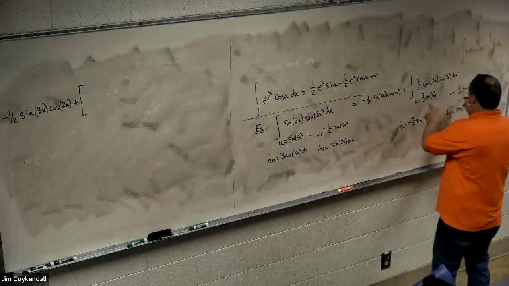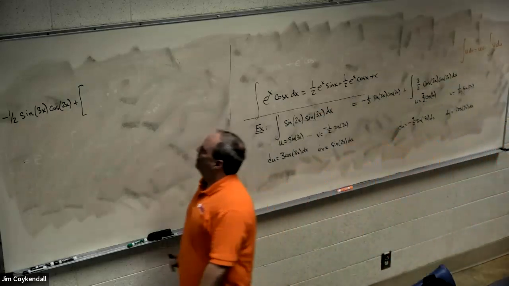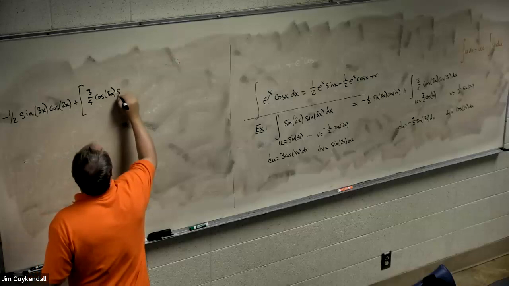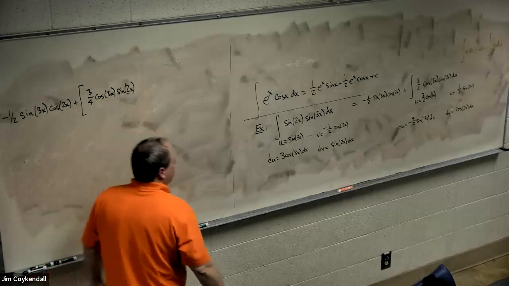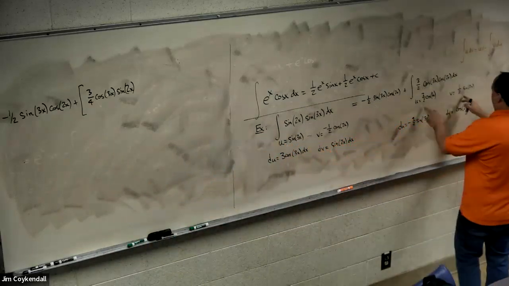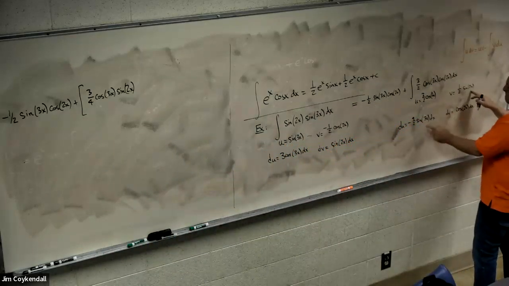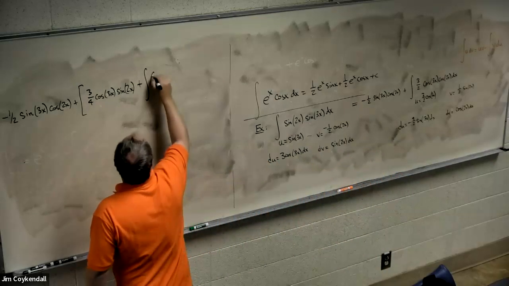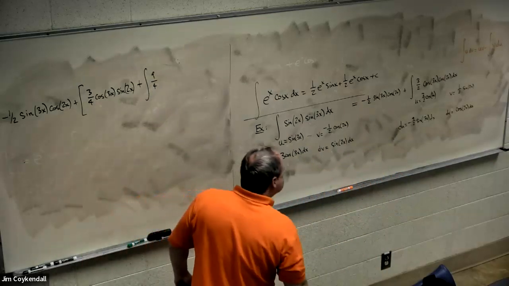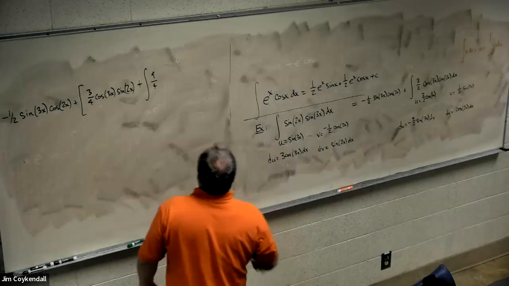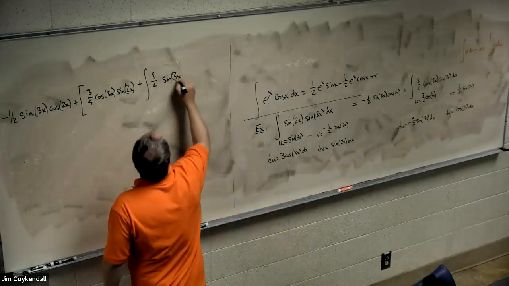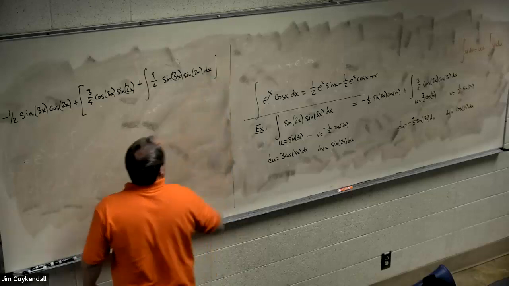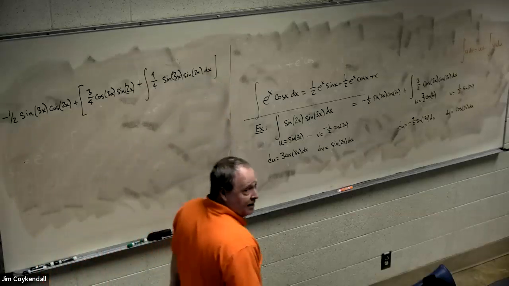This should be 3/4 cosine 3x sine 2x, yes. 3/4 cosine 3x sine 2x minus, so that's minus, so it's going to be plus 9/4 sine 3x sine 2x. Everybody okay?